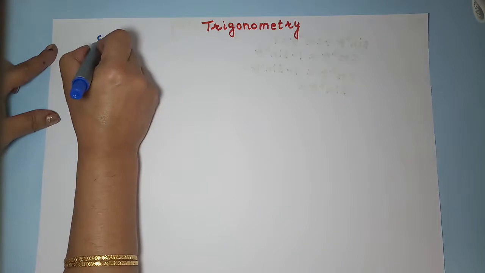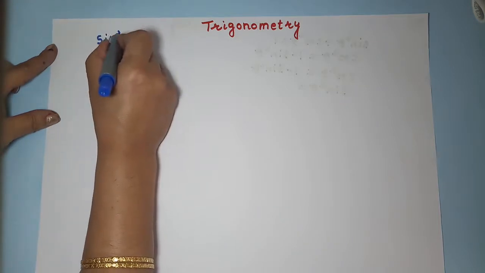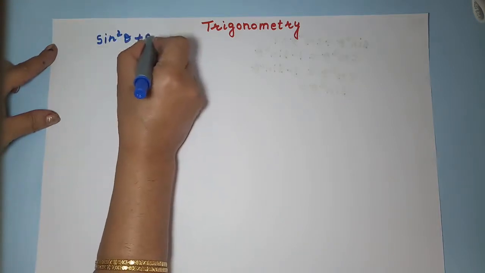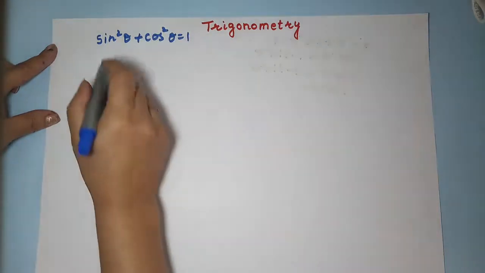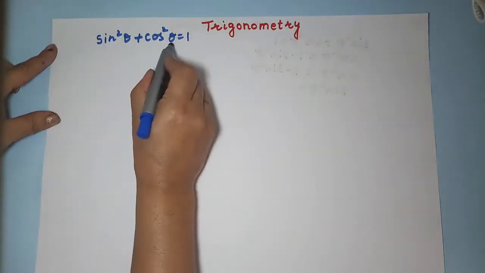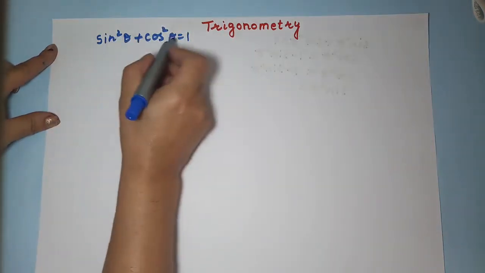So let's start with a simple identity, sine square theta plus cos square theta equals 1, right? Now you can use this identity directly wherever you want to use it, or you can use its byproducts. So what are its byproducts?